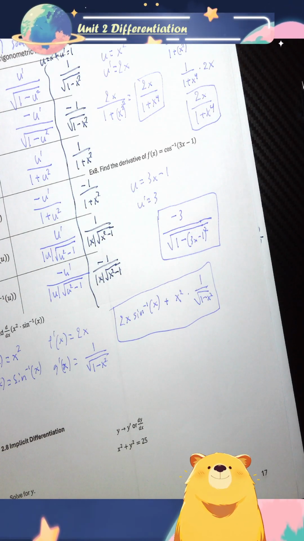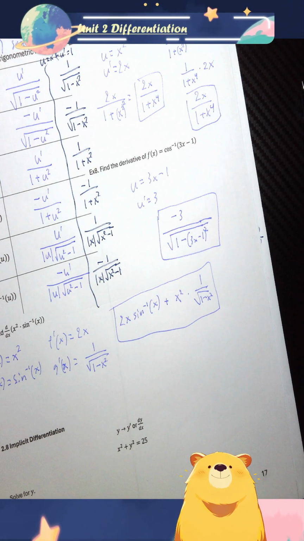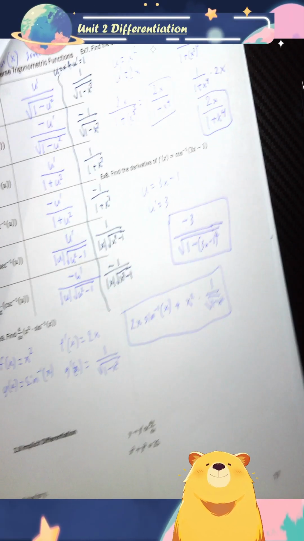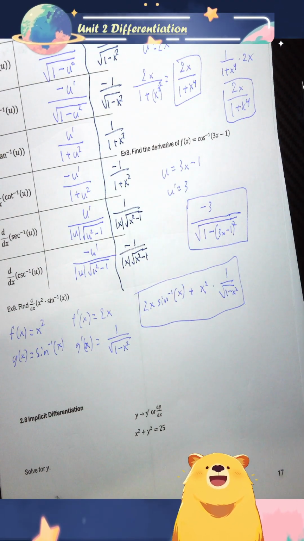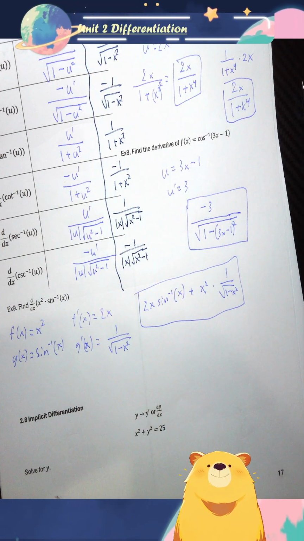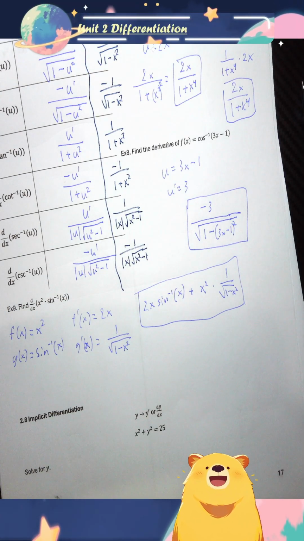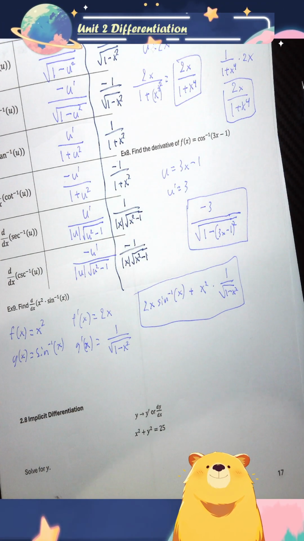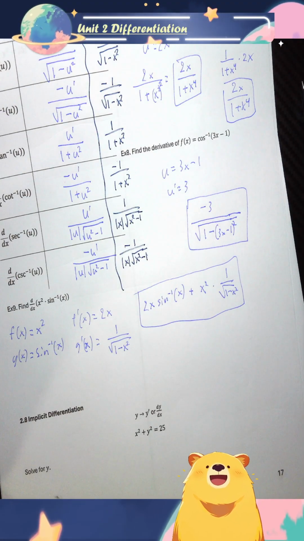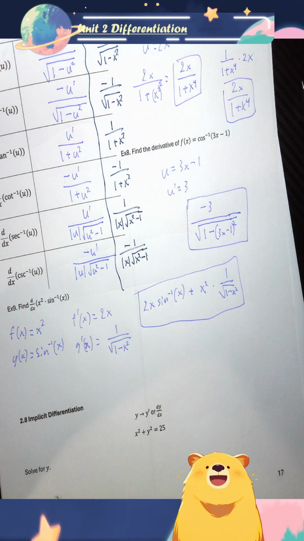So this is just pretty much it. The only thing I advise you to be wary about is all of these little derivative tricks. I'm going to provide you guys a formula sheet for the exam.